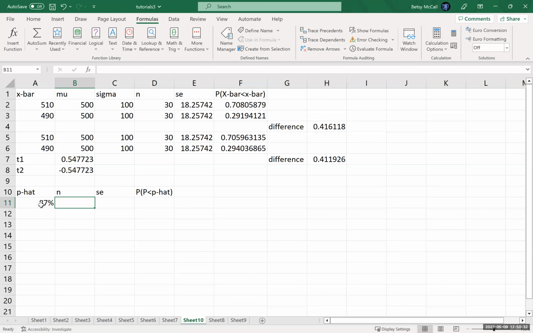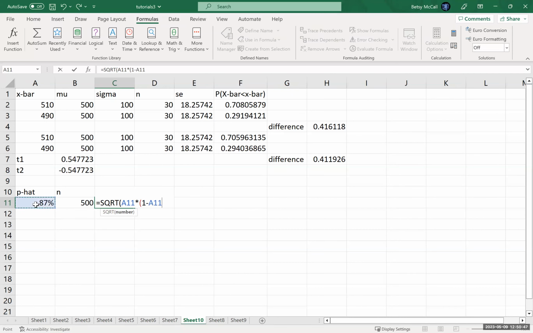The N that we had was a sample of 500. And then our standard error formula was the square root of our p hat, which is just the estimate for the proportion, times 1 minus p hat, divided by our sample size. Typically, as you may recall, for proportion problems, the counts are much larger than for means problems. Otherwise, our margins of error are huge relative to the percentages.